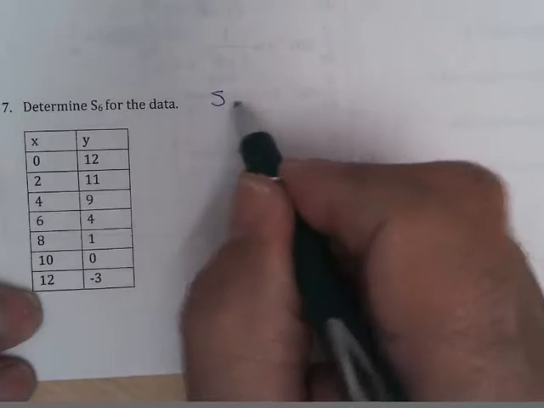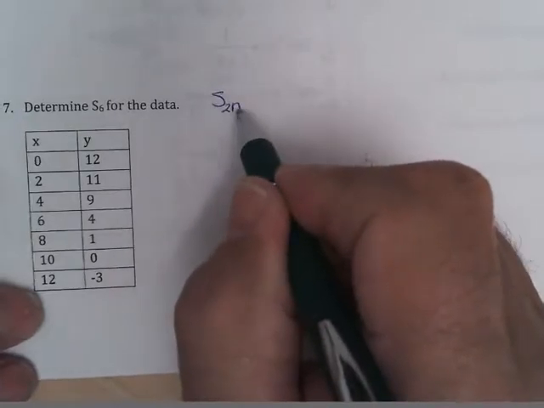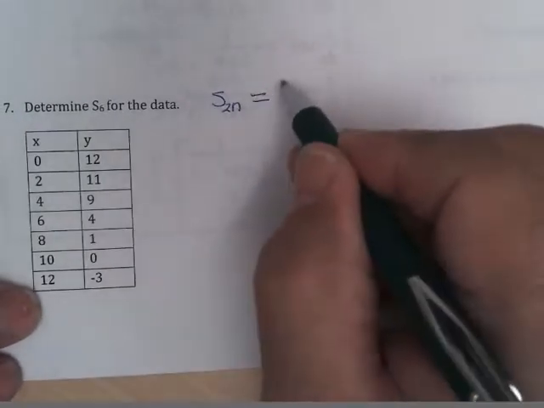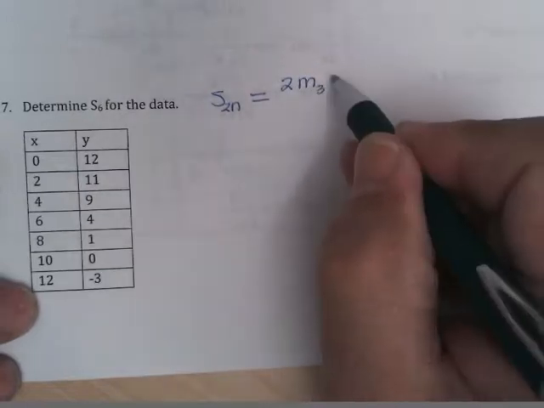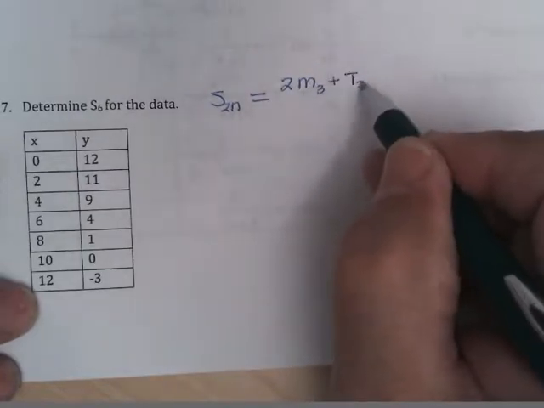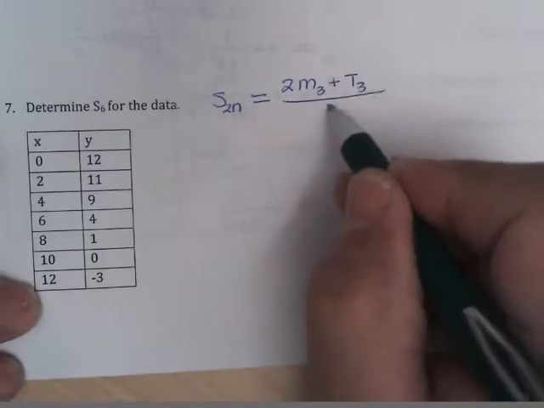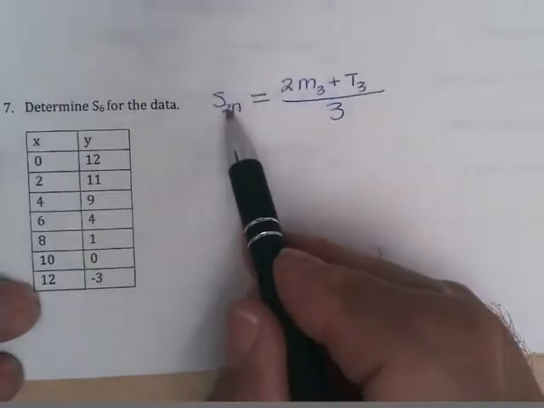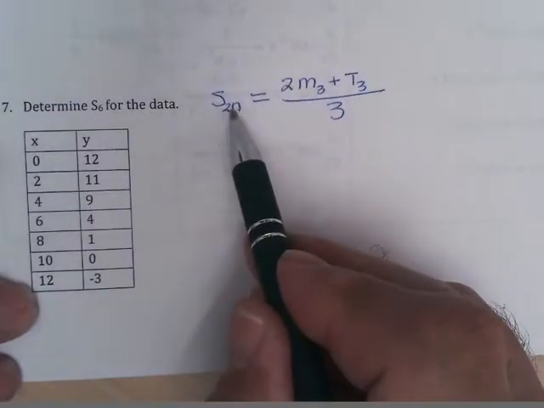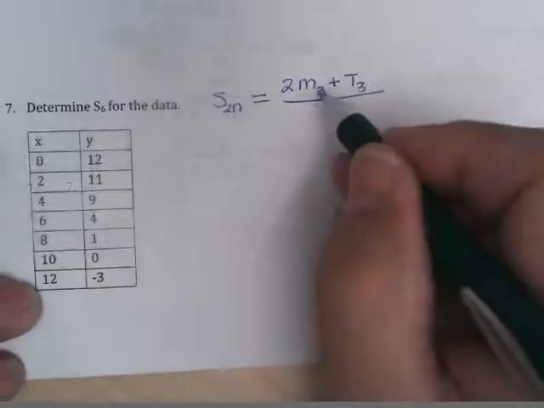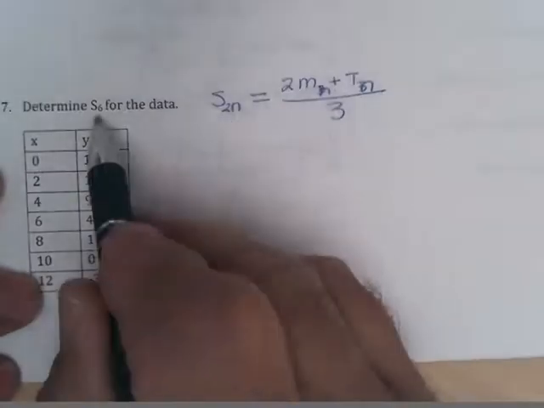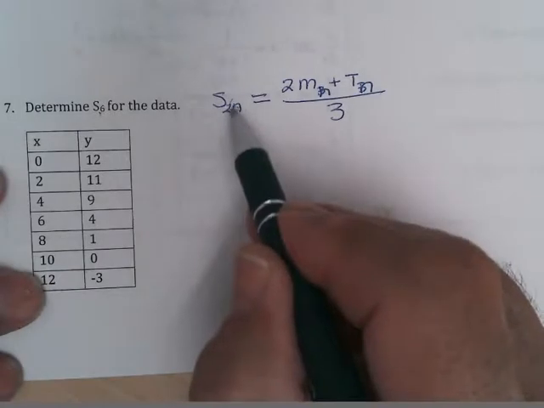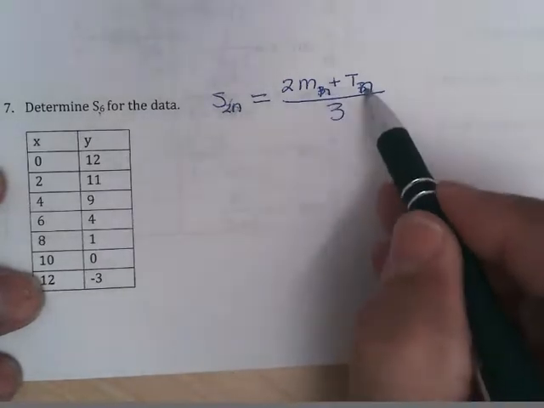And now finally, S of 2n, the Simpson formula, is 2 of the midpoint rule plus the trapezoidal rule, divided by 3. And if this is n, and since I wanted you to find S of 6, this has to be 3 and 3.